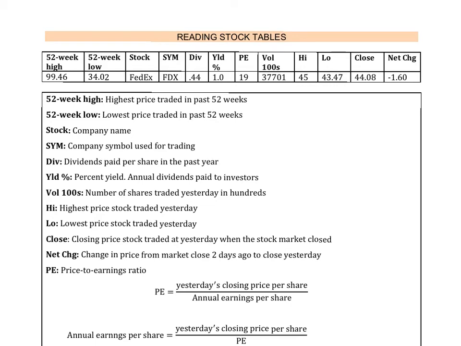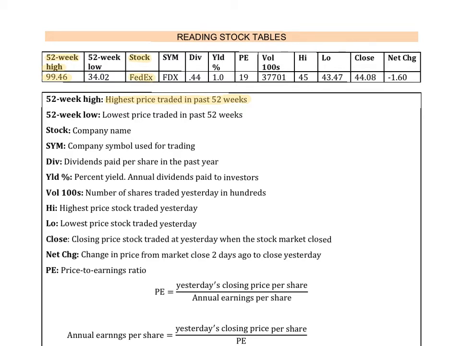Let's discuss the columns. So when we look at the 52-week high, the 99.46, that would be the highest price traded in the past 52 weeks, so the past year. So this particular stock, and I'm going to kind of jump around, is FedEx.